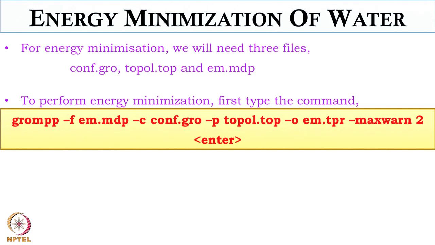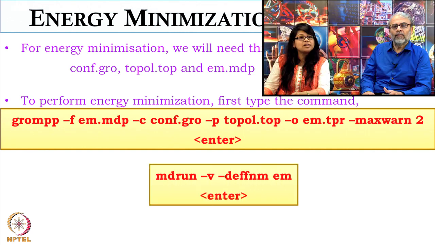MD run for energy minimization. So next we'll do the MD run: mdrun -v -deffnm em. It will create all the output files with em as the initial part. The output files will be em.gro, em.xtc, em.edr, em.log, like this.